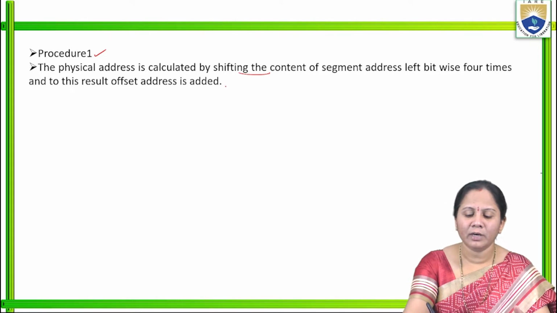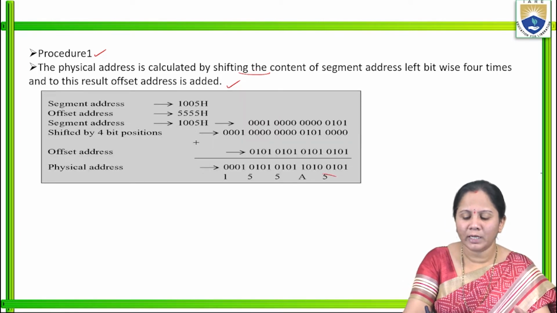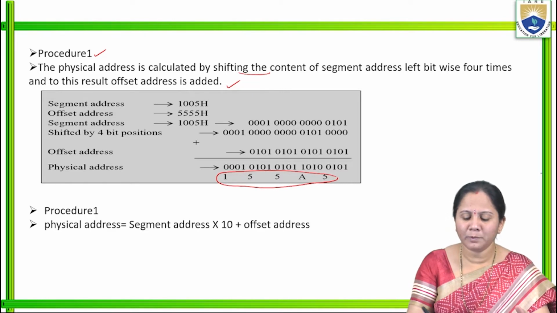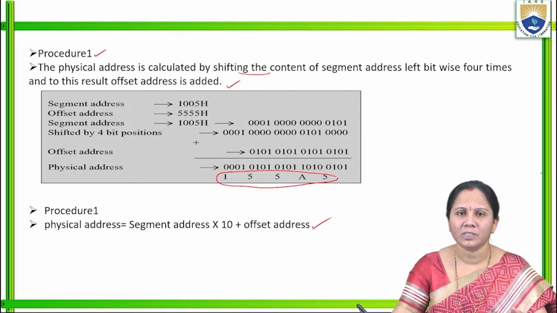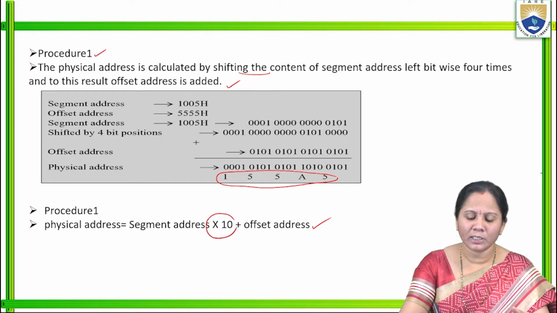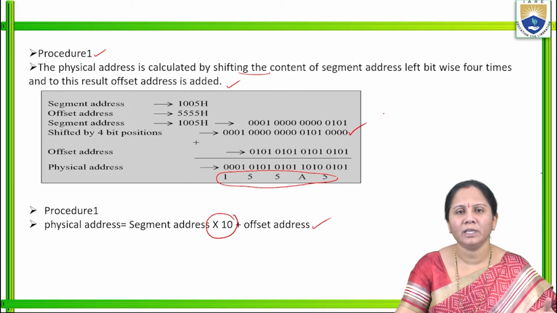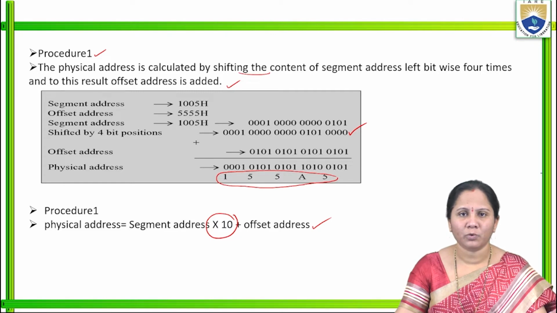So totally we are following this procedure as one procedure to find the 20-bit physical address formation. And another procedure we are following is going for the formula segment address into 10 plus offset address. So considering here segment address into 10 is same as considering the segment address and shifting that data towards left by 4 bits. Both are same. So these are the 2 procedures we will follow to calculate the physical address when the advanced microprocessor is operating in the real mode.